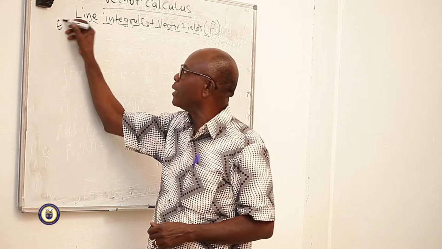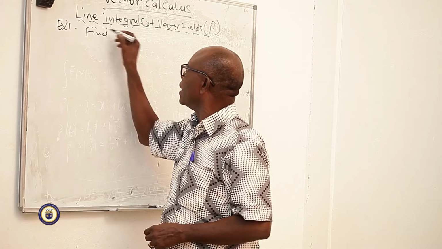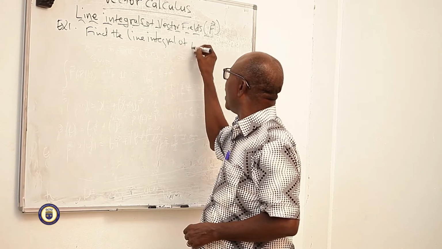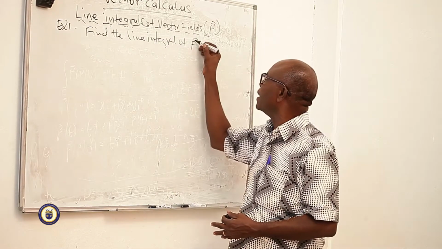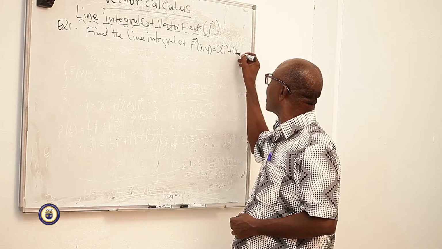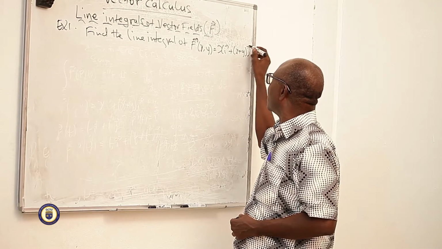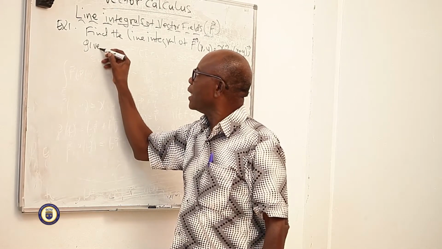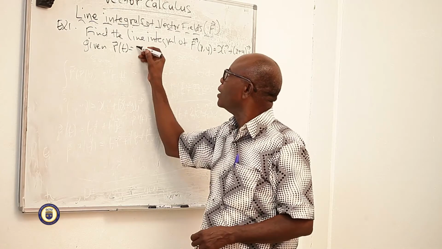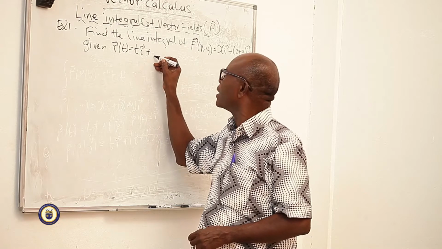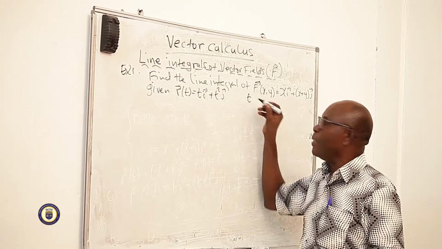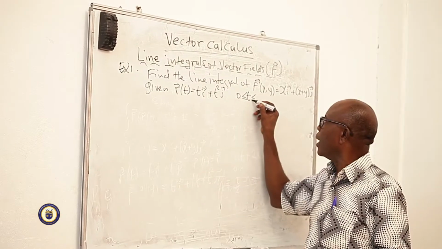So let's take example 1: find the line integral of F, which is in two dimensions, F of x and y equals x in the i direction plus x plus y in the j direction, given the path r of t equal to t in the i direction plus t squared in the j direction, where the parameter t is between 0 and 1.